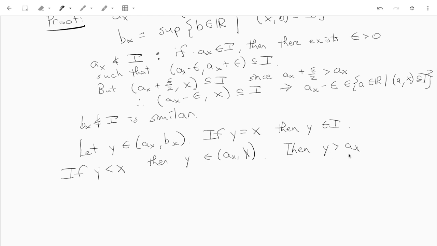Having the distance between them, we can say y is greater than ax plus epsilon for some epsilon greater than 0. We can take epsilon to be equal to, for example, y minus ax divided by 2. That would work.